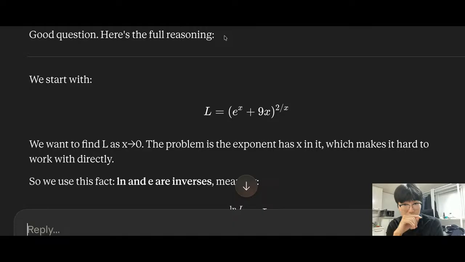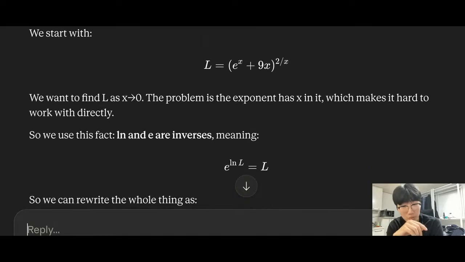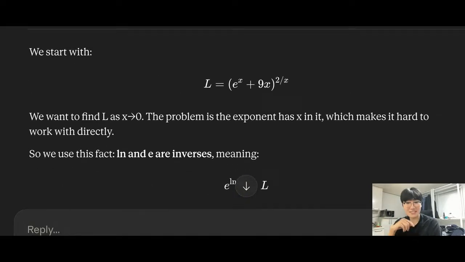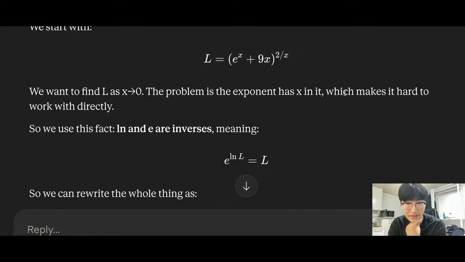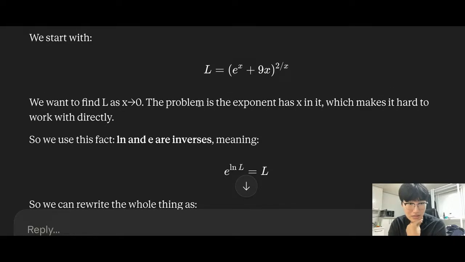There we go. You start with basics, eh? Don't overestimate me. I don't understand. You gotta start from baby steps, or else I won't understand. So we want to find L. The problem is that it has x in it, which makes it hard.